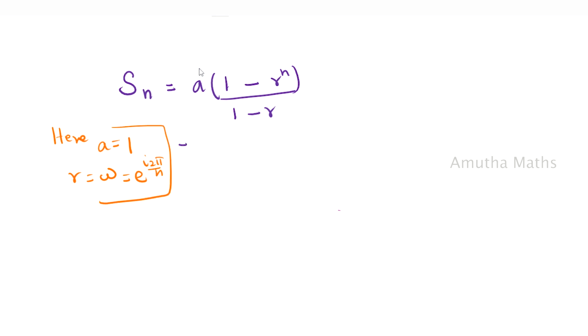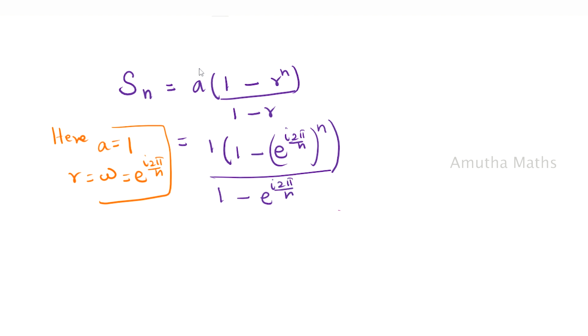So that is equal to, what is a? 1 into 1 minus, what is r? e power i into 2 pi by n, the whole power n, divided by 1 minus e power i into 2 pi by n. If you multiply this, what will you get? 1 minus, here power to the power, we have to multiply. I get e power i into 2 pi by n into n.